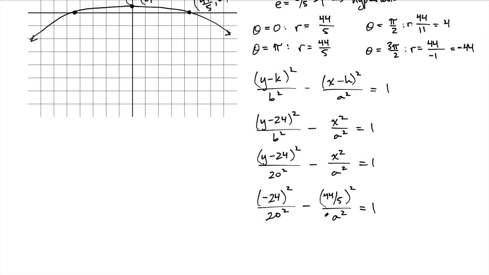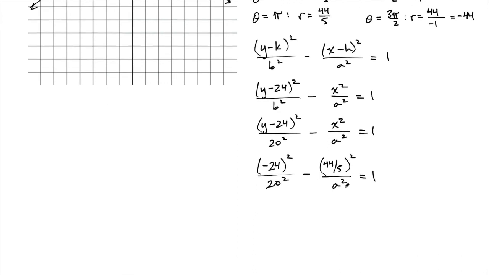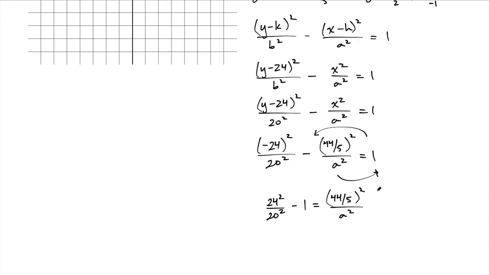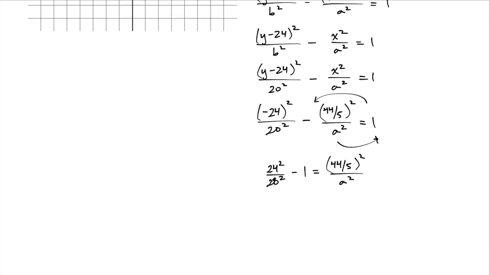Okay, and then we need to solve for a squared. I'm going to go ahead and move this whole fraction over to the right side because I don't like that negative, and I'm going to move the 1 over, subtract that. So I get 24 squared over 20 squared minus 1 is equal to 44 over 5 squared all over a squared. We can simplify this a little bit.